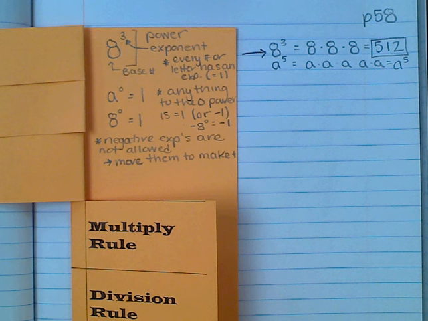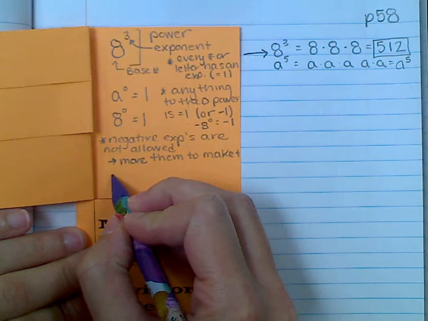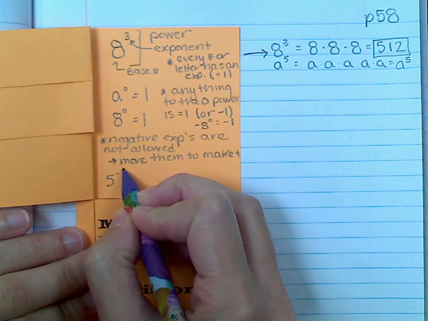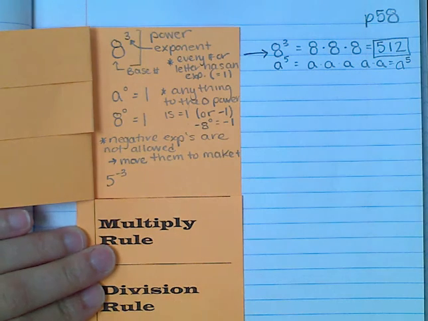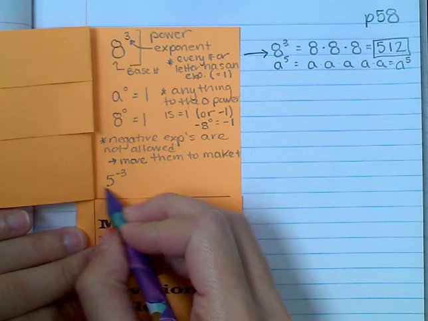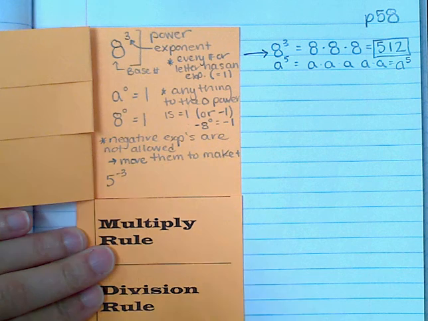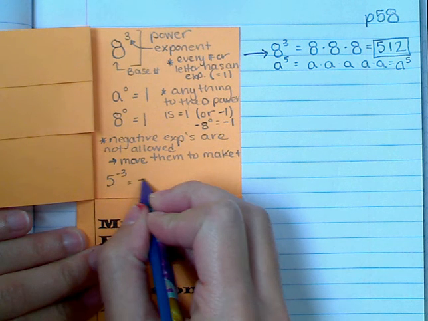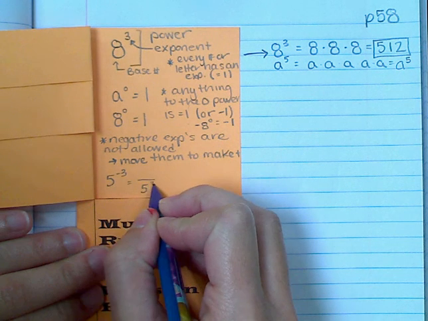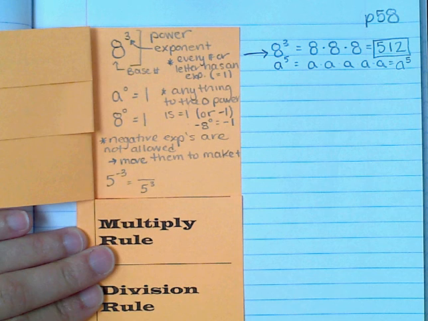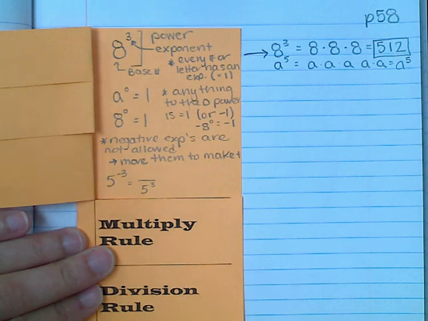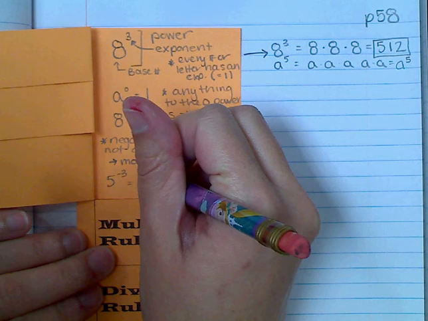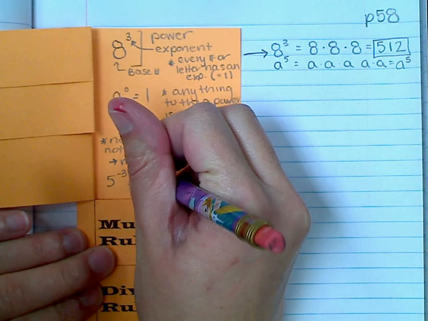So if my number is in the top and has a negative exponent, let's say for instance 5 to the -3rd, that's not allowed, and so I have to move this 5, which is currently in the top, to the bottom. So I'd put 5 to the 3rd in the bottom, and I can make it positive because I moved it. Well, what's on top then? What was this 5 to the 3rd being multiplied by? Well, nothing really, but if I don't see it, then it's 1.